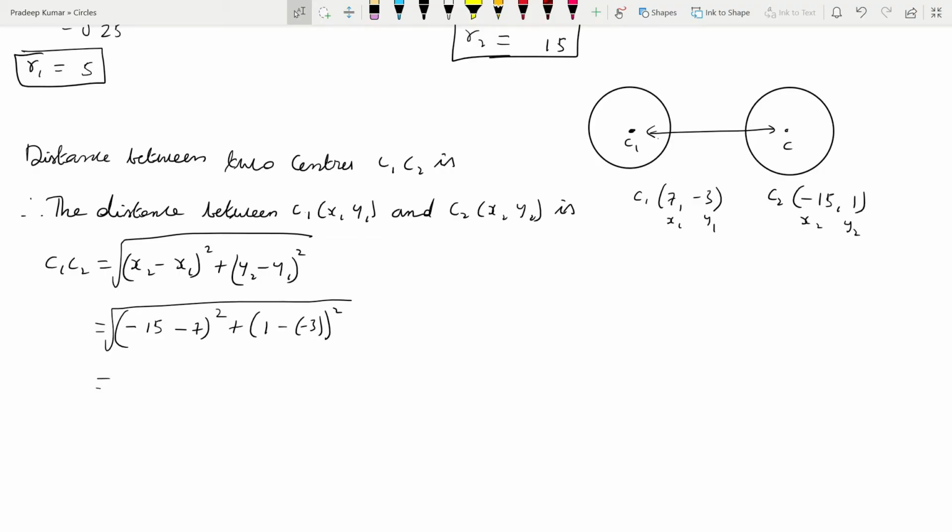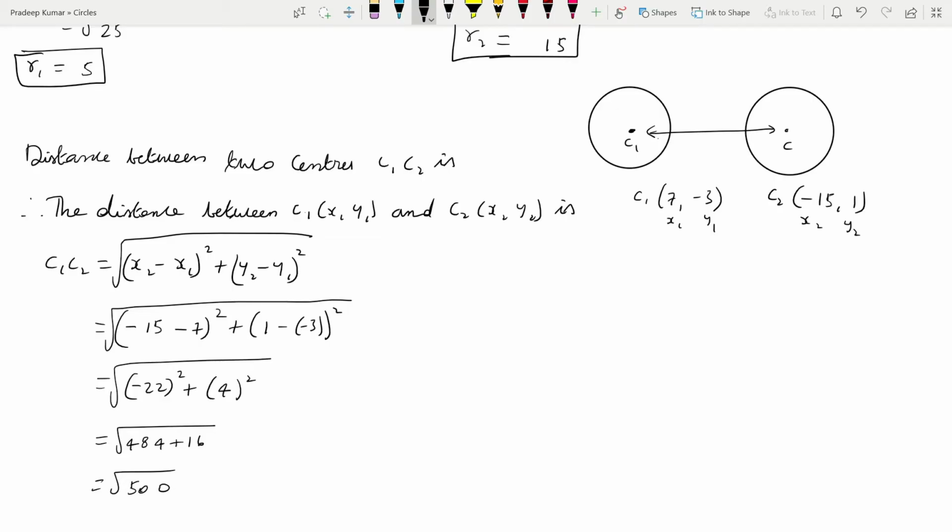Solving further, minus 15 minus 7 is minus 22 whole square, and 1 minus of minus 3 is 1 plus 3, which is 4, so 4 whole square. 22 square is 484 and 4 square is 16. So 484 plus 16 gives us 500, that is root 500.